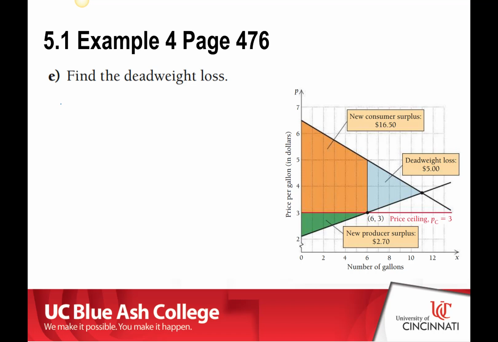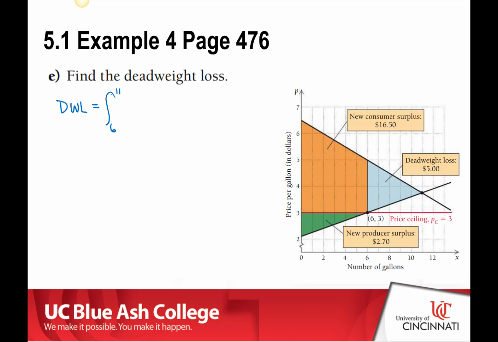Deadweight loss. To compute that, we're going to do the integral. Remember, we want this blue triangle. So we look at how far the x values go. Well, they go from 6 to 11.